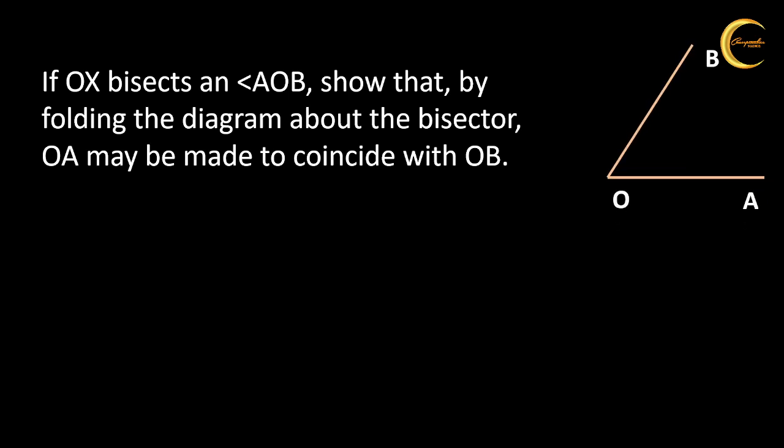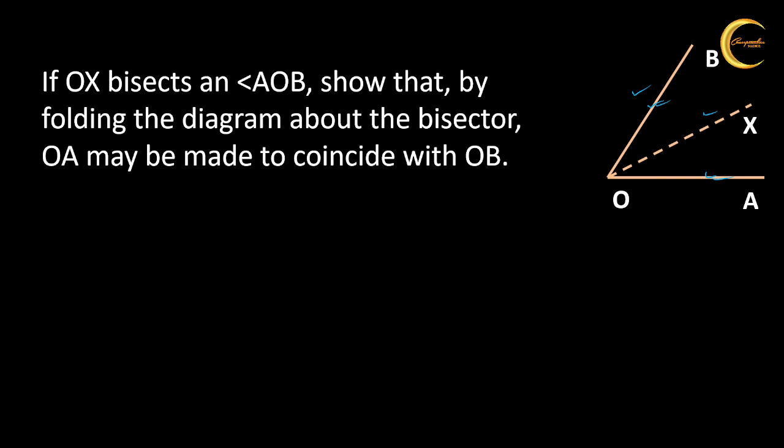Now you see, OX is the bisector of the angle AOB. So this OA should coincide with this straight line if we fold it on the line OX. Okay.